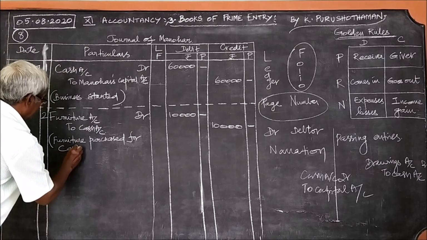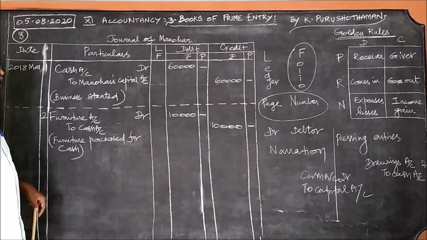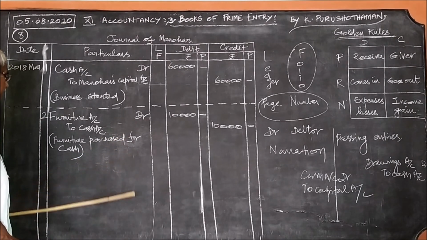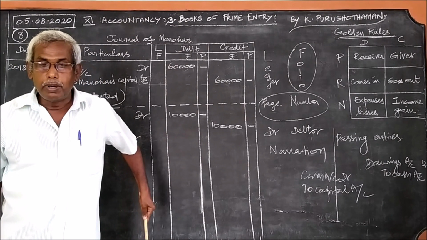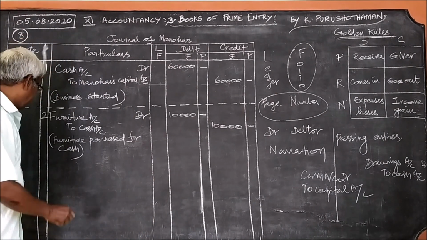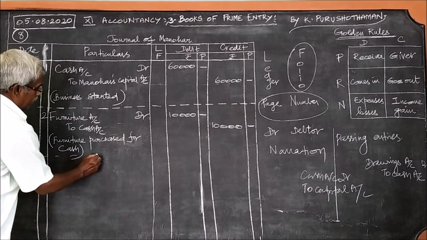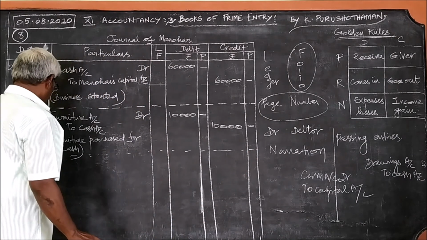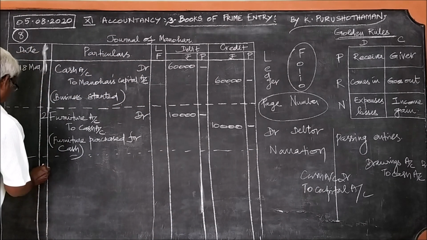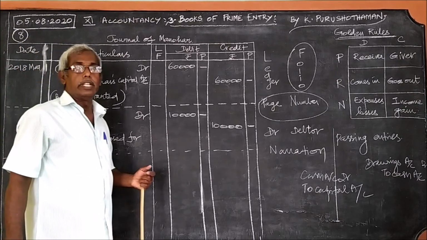Anything you can write. This is the narration. And the next one, third, bought goods for cash. As soon as the journal entry is over, you leave a line in the notebook and then go to the third. We shall continue it in the next class.